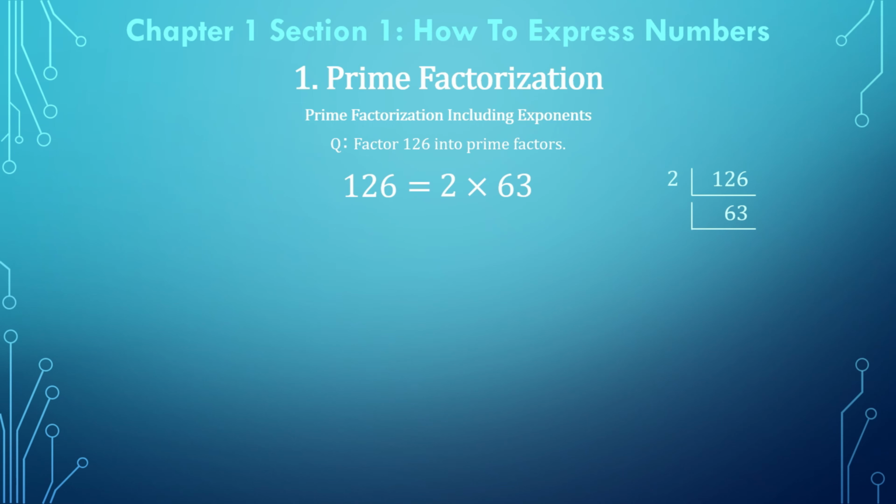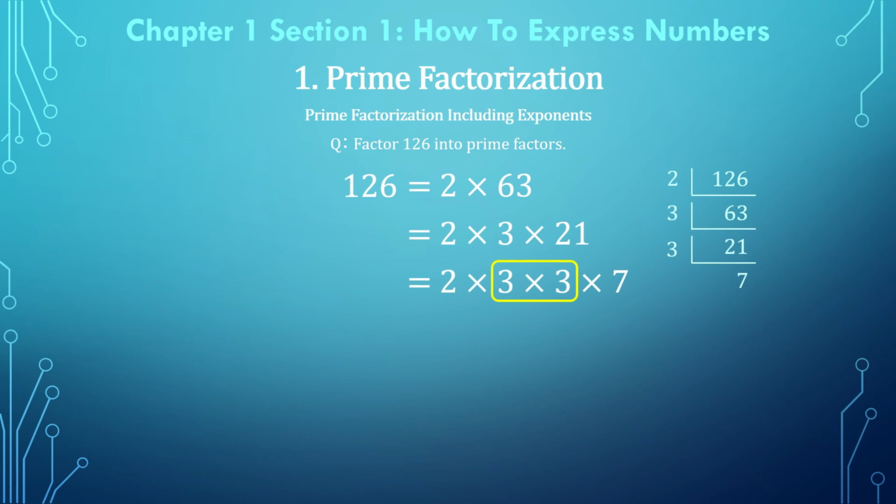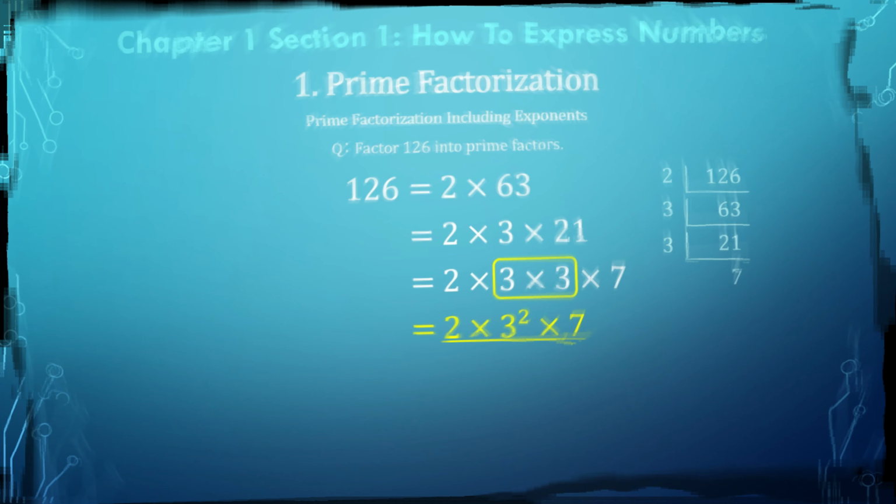And 63 can be divided by 3, and you get 21. 21 can be divided by 3, and you get 7. And 7 is a prime number, so prime factorization finishes here, and you write the answer: 2 times 3 squared times 7.